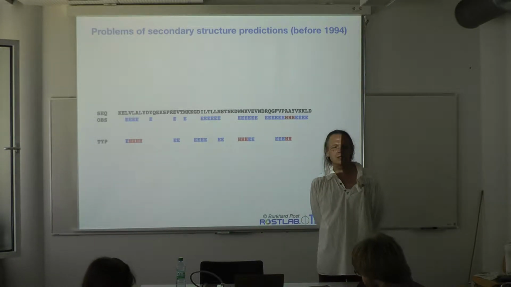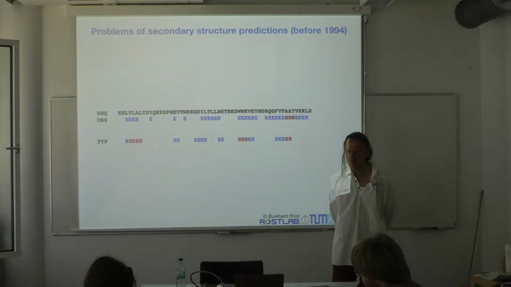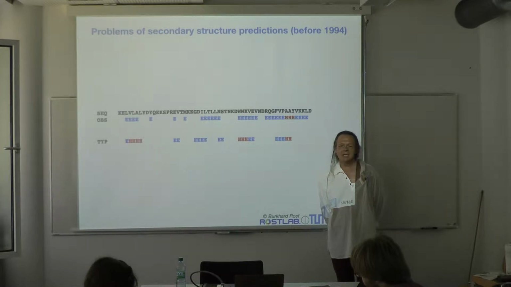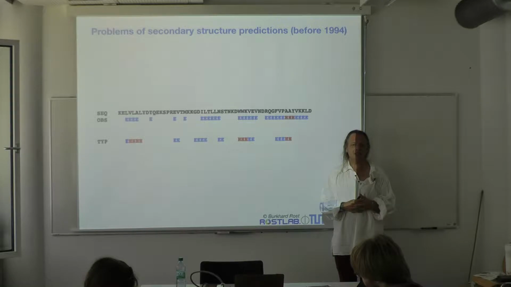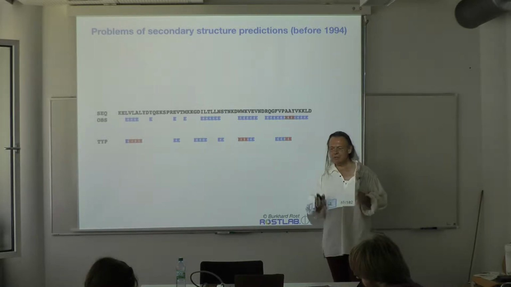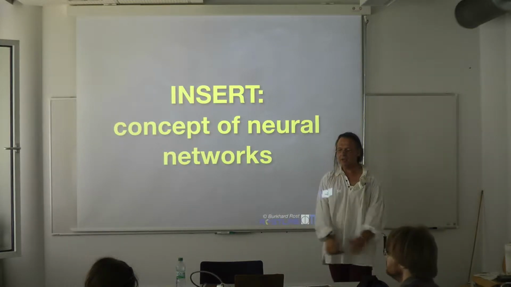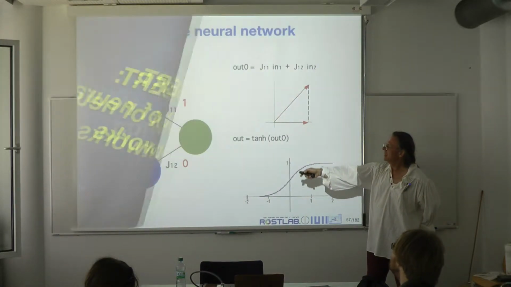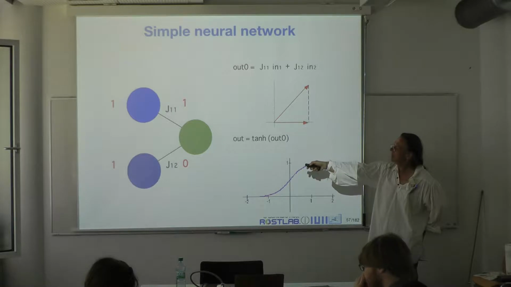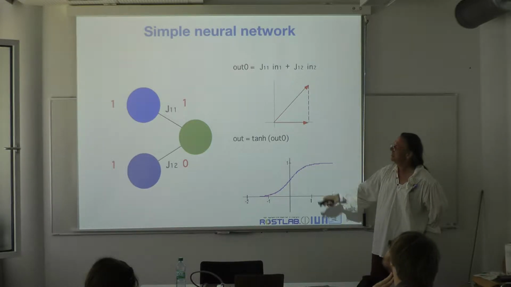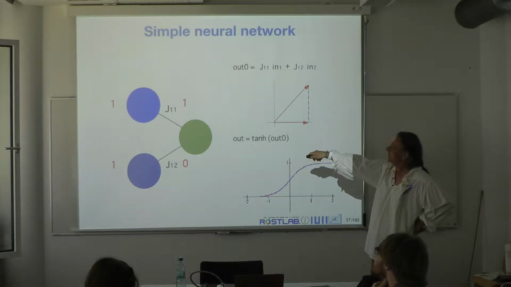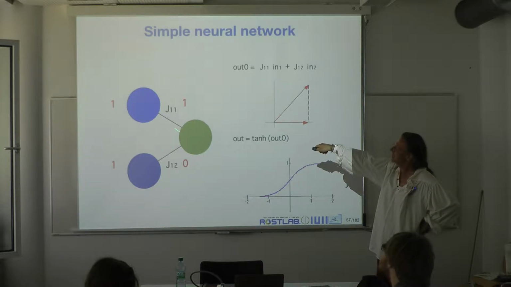And that was sort of the story in the 90s. When the 90s began, a new method to apply to secondary structure prediction was machine learning devices. And the one that I already briefly talked about on Tuesday is neural networks, where again we have an input, we have connections here, we have an output. The way the algorithm works is you multiply the value of the input with this connection.